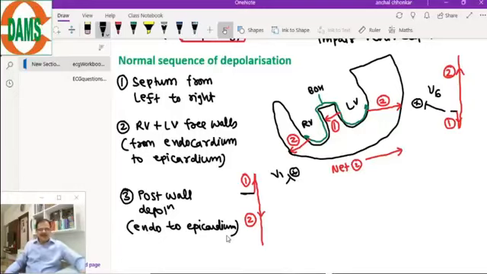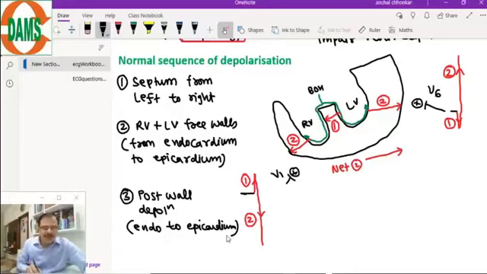Why is the net in the left direction? Yesterday we did that whenever 2 events are taking place simultaneously, the larger event will be manifested, and the larger event is obviously the left ventricle, not the right ventricle. So it will go towards the left ventricle side, away from V1. And if the depolarization or positive ions are going away from V1, it will show a negative deflection that we have done in the basics earlier.